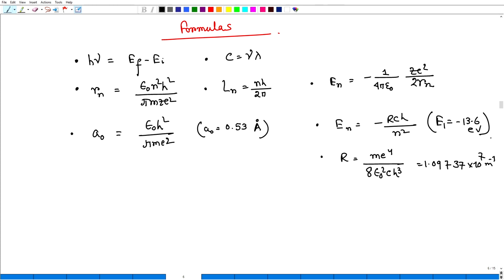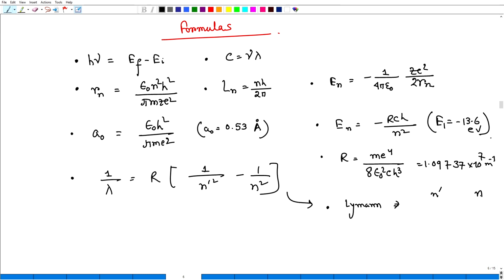This was also discussed, and the Rydberg formula, this is the Rydberg formula. Lambda is the corresponding wavelength, R is the Rydberg constant, and the series, what was the series? Lyman, for Lyman it was 1 and coming from 2, 3, 4 and so on.